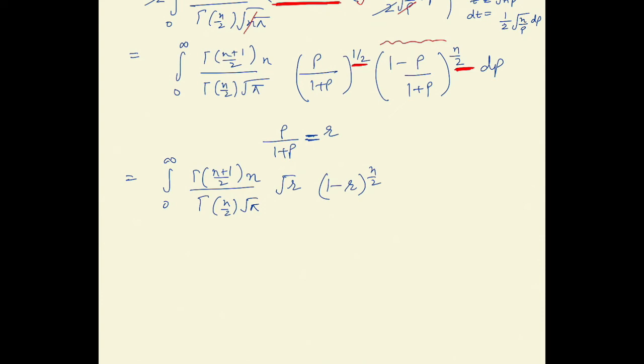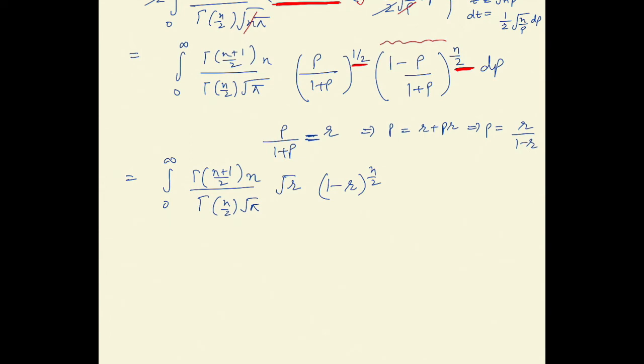and this implies p is equal to r plus pr, which implies p is equal to r upon 1 minus r.